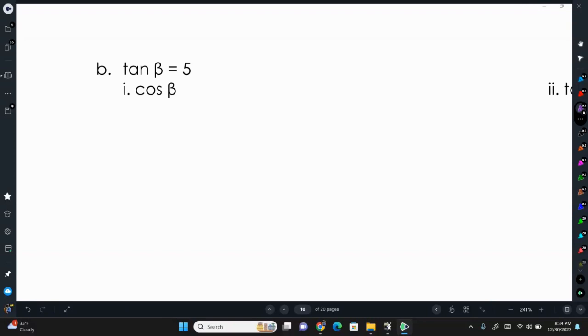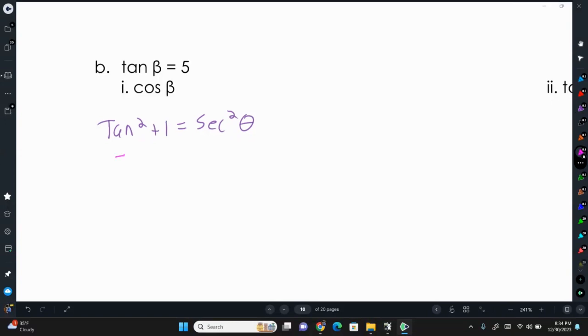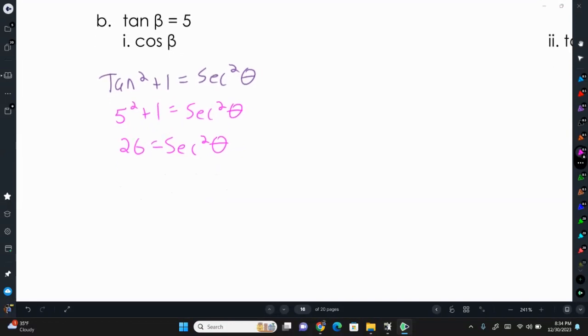So we can use the trig identity tangent squared plus 1 equals secant squared theta, because we know secant is 1 over cosine. Well, tangent is 5, so it's going to be 5 squared plus 1 equals secant squared theta. 5 squared plus 1 is 26. So 26 equals secant squared.